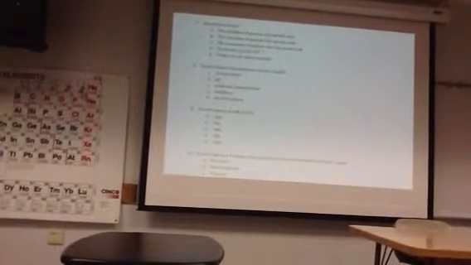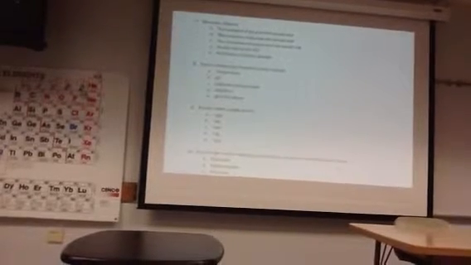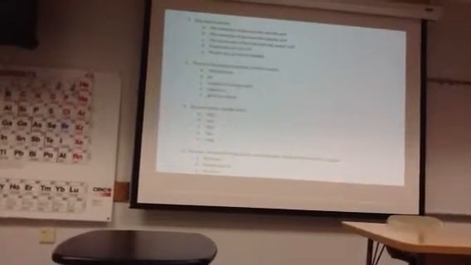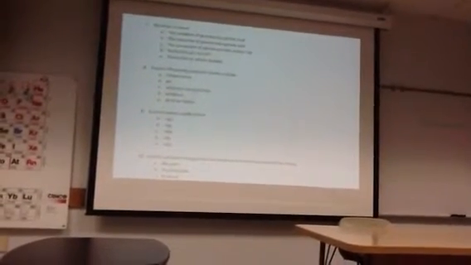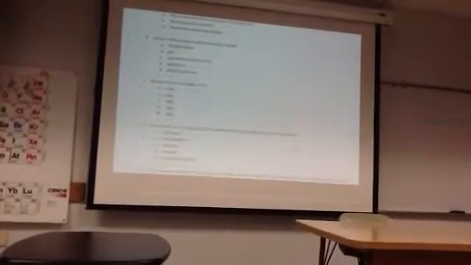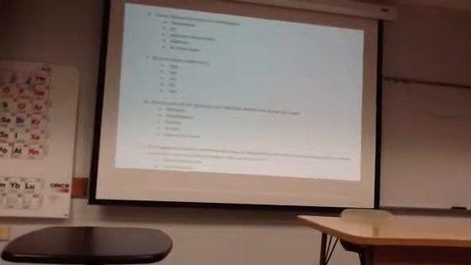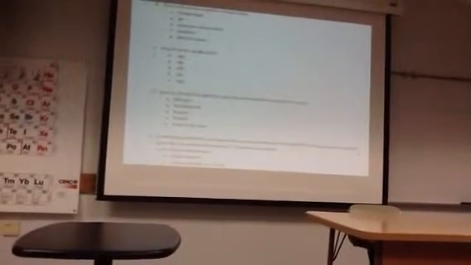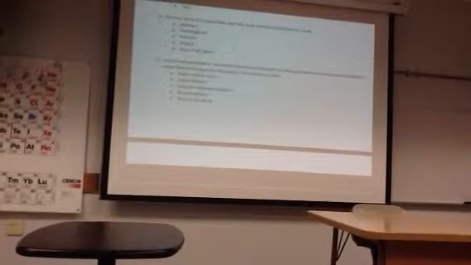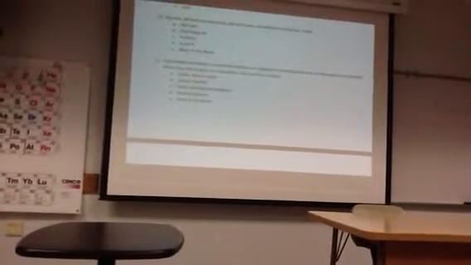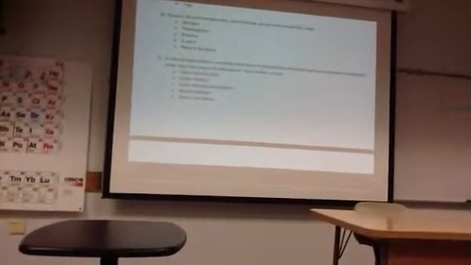Factors influencing enzymatic activity, temperature, pH, both of those, if extreme, will denature the enzyme. Substrate concentration and inhibitors will slow down the speed of your enzyme. So all of them. What do enzymes end in? Ase.